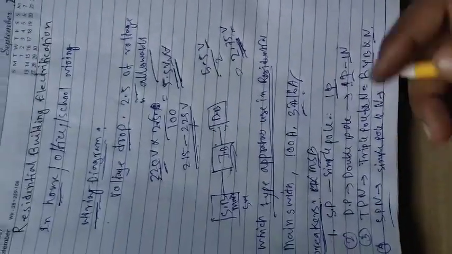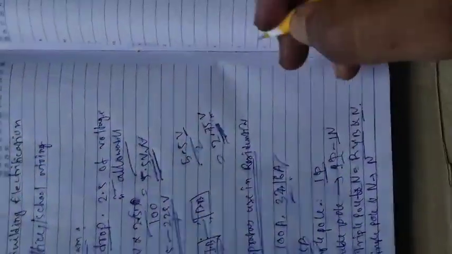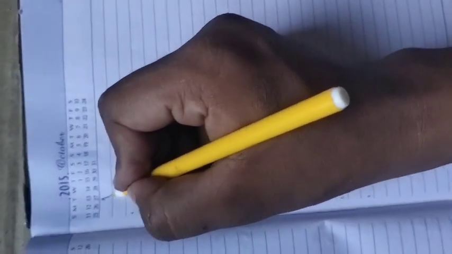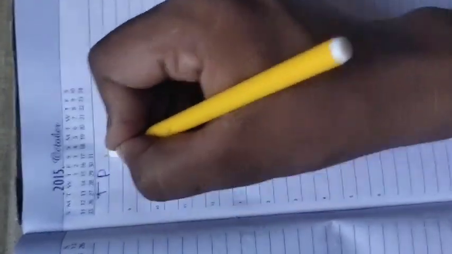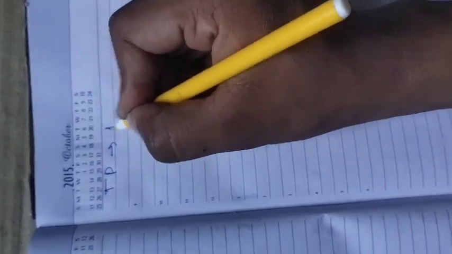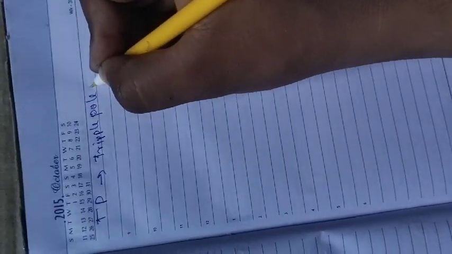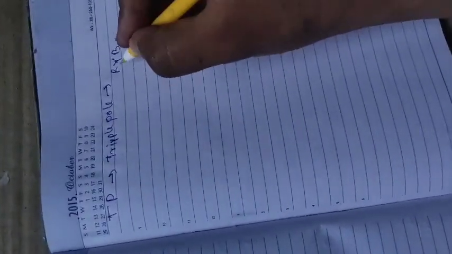Another is TP, triple pole. Triple pole means it only cuts the three pole supply, RYB phases, not the neutral.